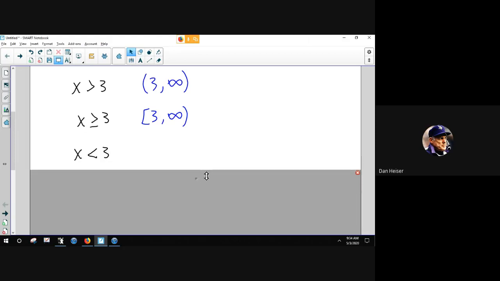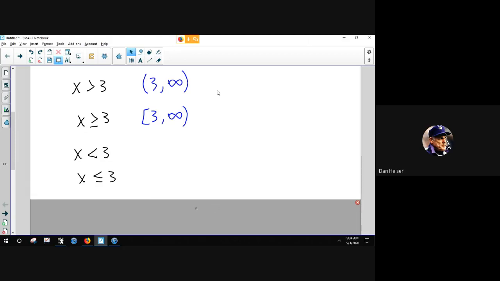Let's flip it around. Actually, let's just do both of these at once. X less than 3. Well, now 3 is the highest that x could potentially be. Here it cannot equal 3. So 3 in this case is now the upper boundary.